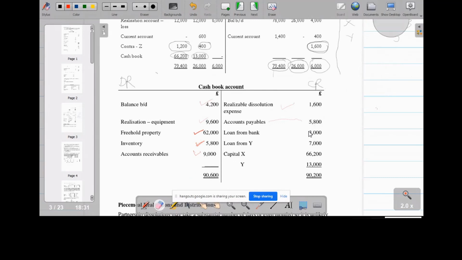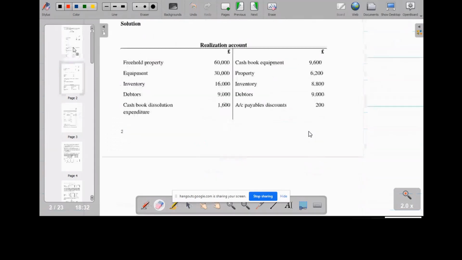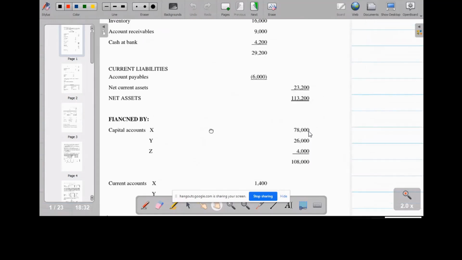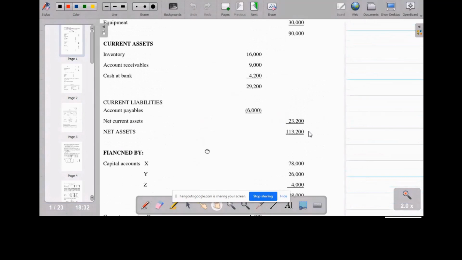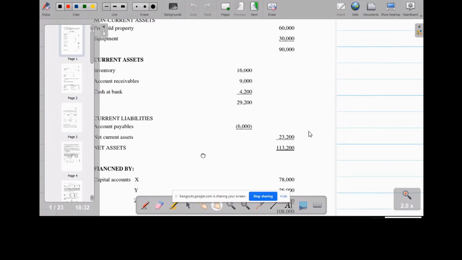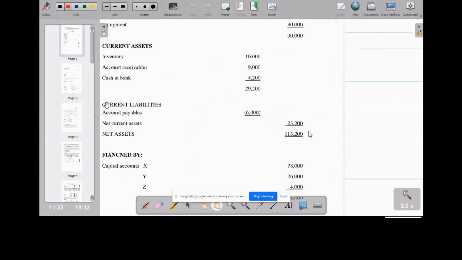I think the capital account is okay. Let's look at the realization account here.